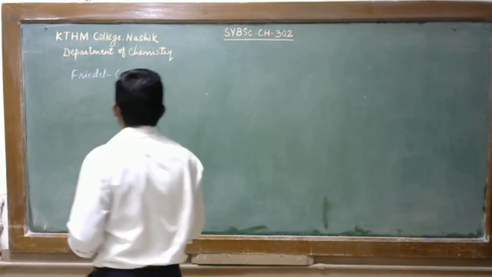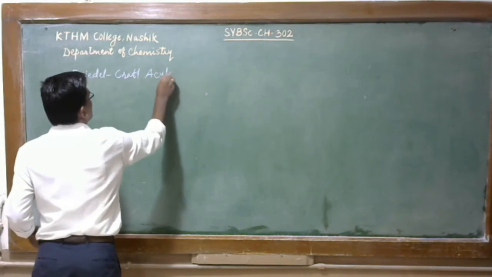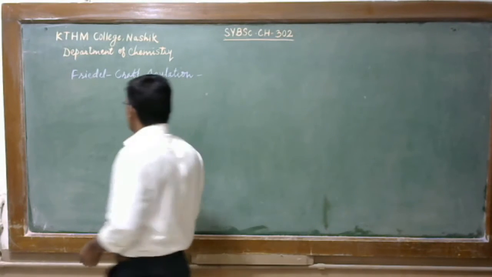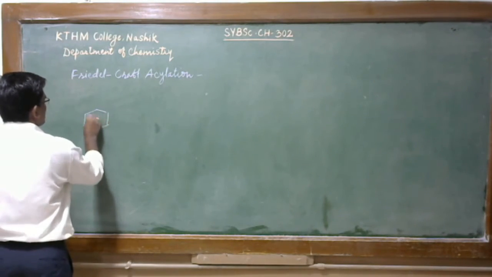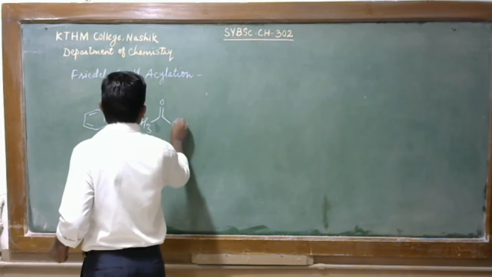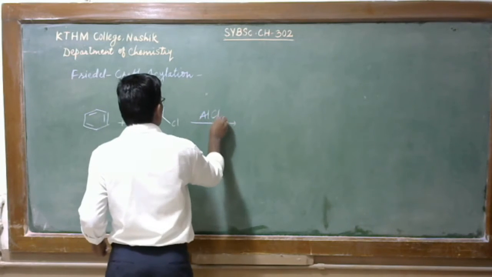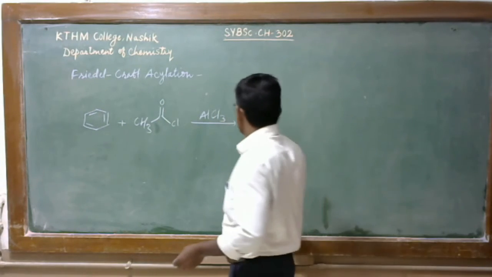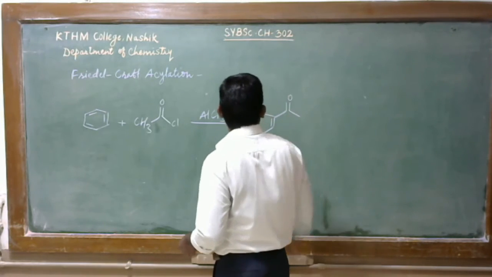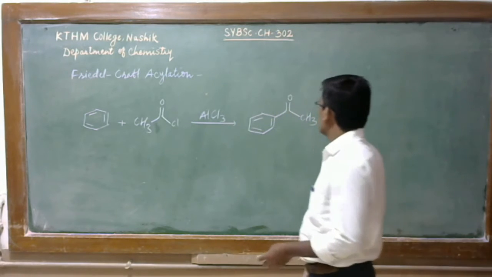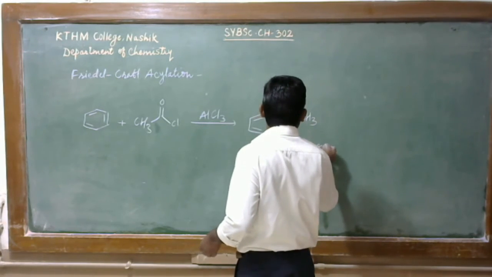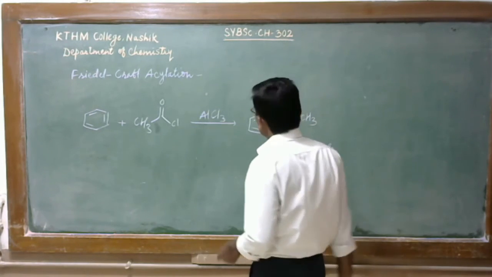Friedel-Crafts acylation: when benzene reacts with acid chloride in the presence of Lewis acid, for example aluminum trichloride, it gives rise to acetophenone as a product.